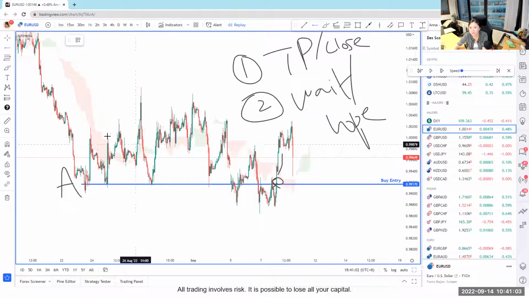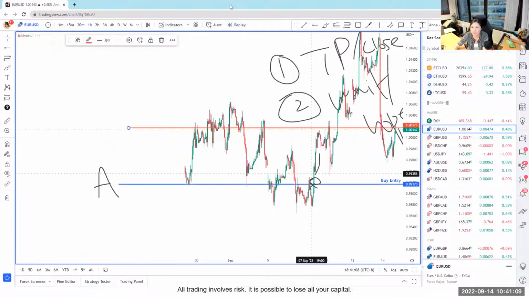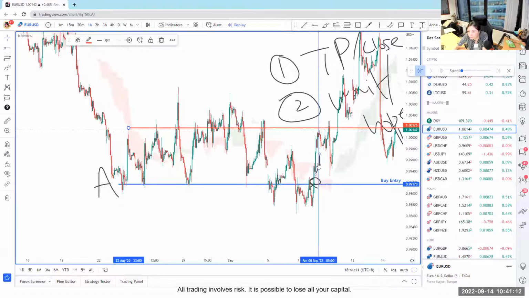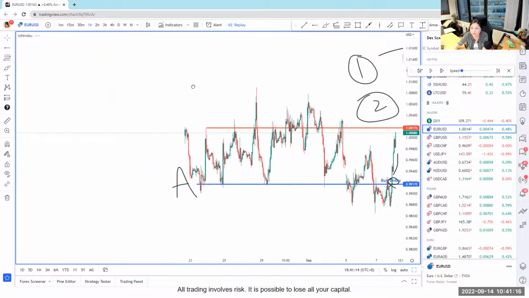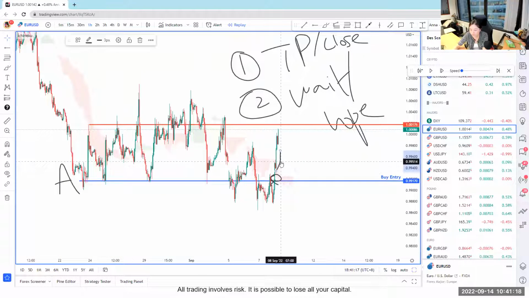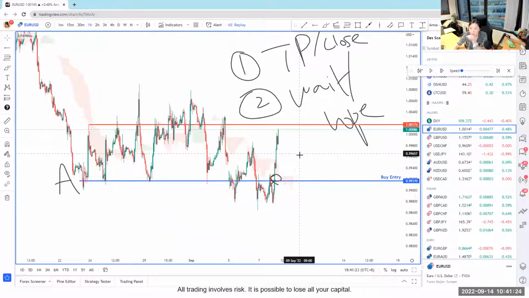Okay, so for example, if your take profit was to be here, okay, and price, let me adjust. Okay, so price is here now, for example. Okay, I'll just leave it there. Okay, so price is actually moving favorably, okay, to what you are looking at.